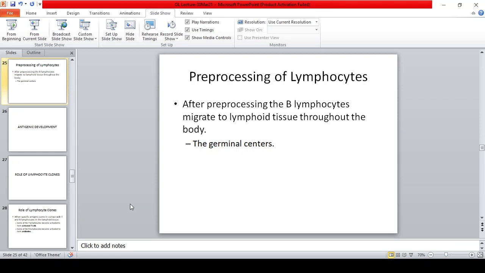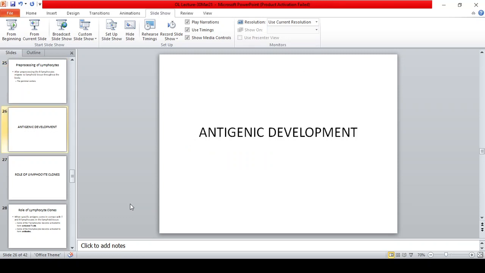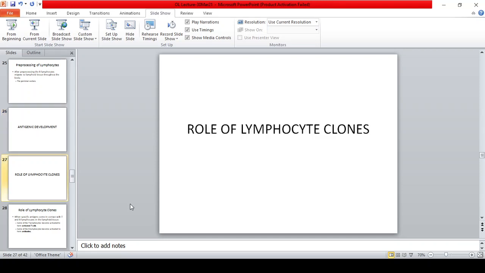Now, after they meet the antigen which is specific to one of them, the next stage of the pre-processing starts, and that is known as the antigenic development. And here is when the role of the lymphocyte clones is started. Now, what is a clone?